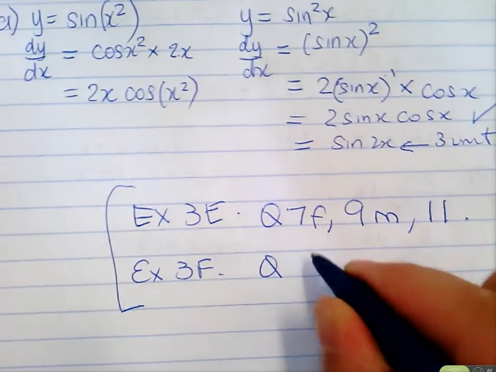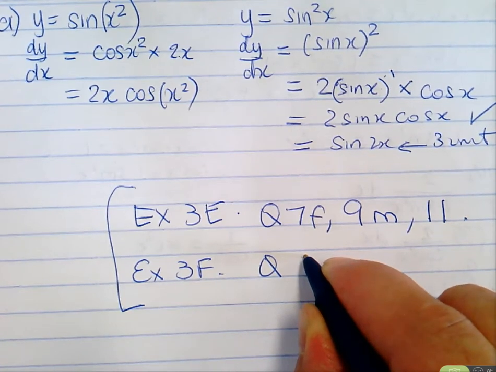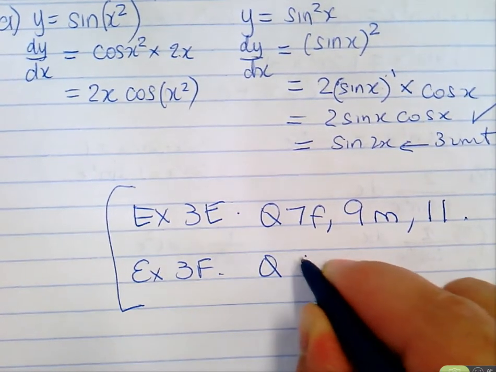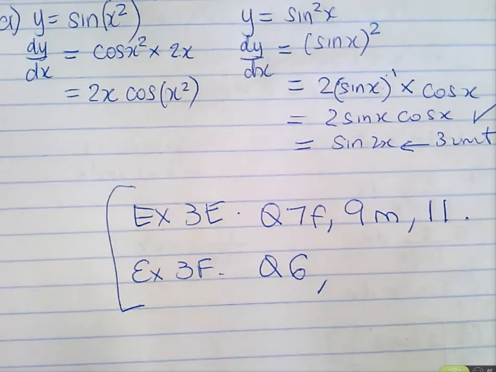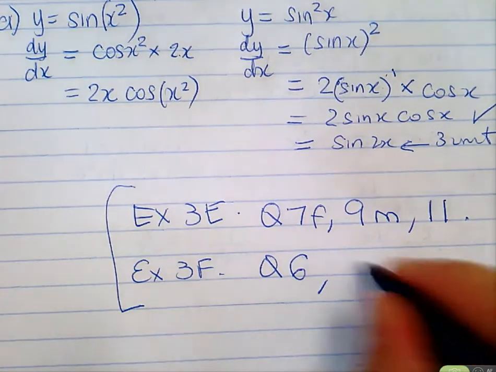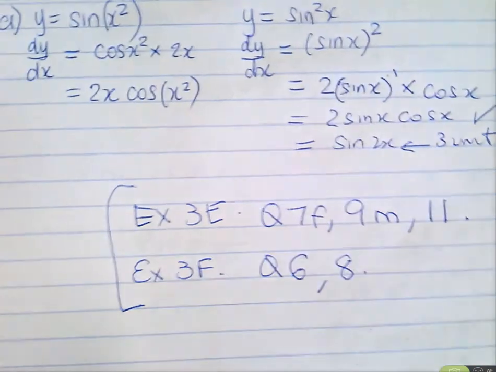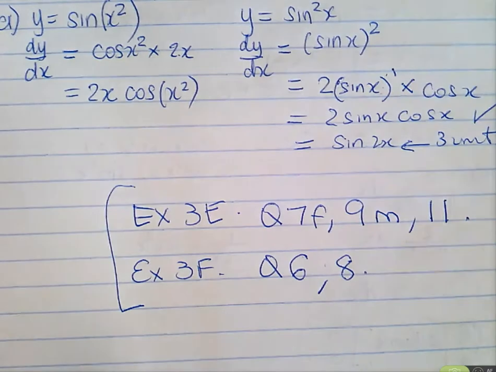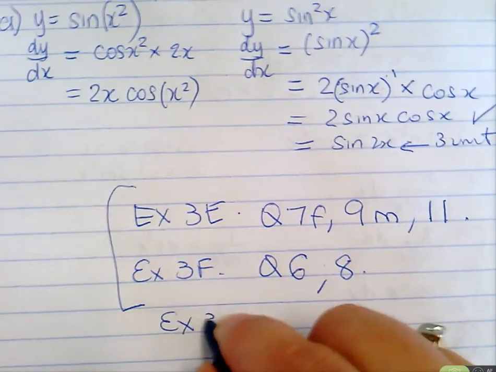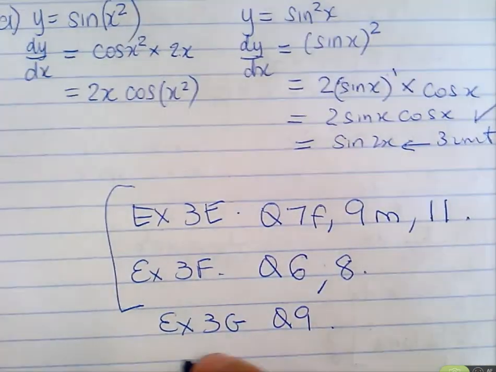I would do question, equation of tangent and normal to curve. I would just do question 6. And we can do one question on stationary points and inflections. 6 and 8. That'll do. I don't know if I set, and I did some 3G. Yes. I want you to look at 3G, just question 9. It's a very simple one-line answer.